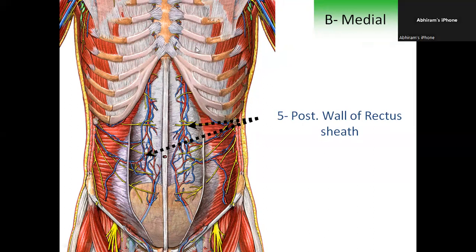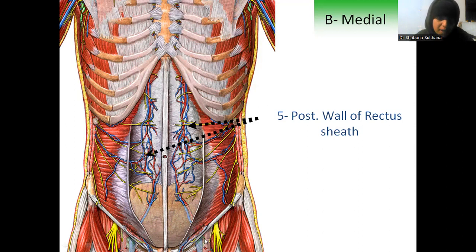So inside the rectus sheath, you have found the rectus abdominis muscle and also blood vessels and nerves, right? Let us name them. The artery which is coming from above is the superior epigastric artery, and the artery coming from below is the inferior epigastric artery.